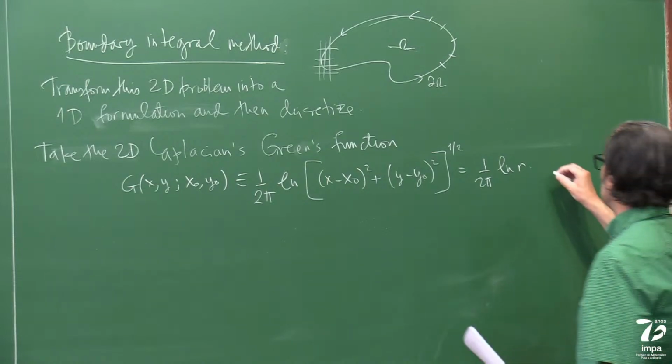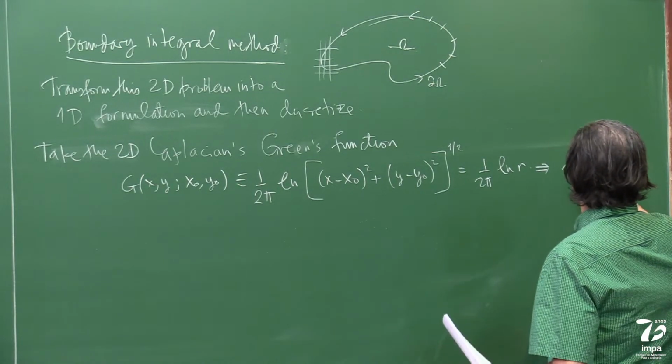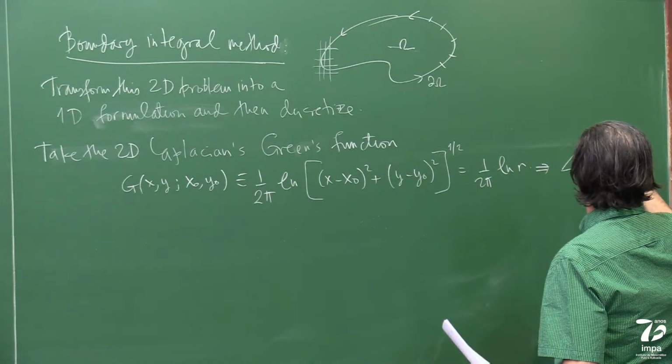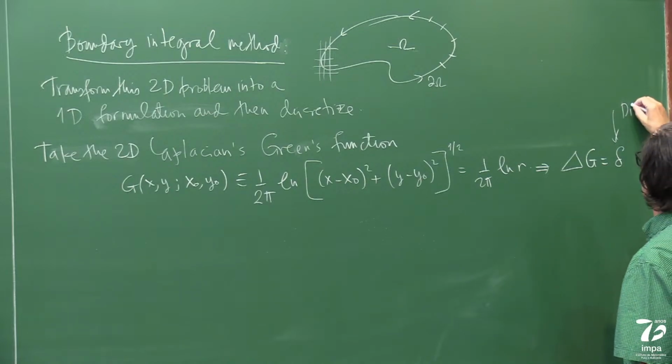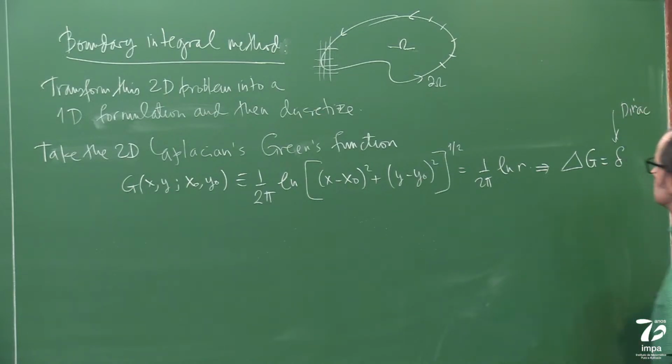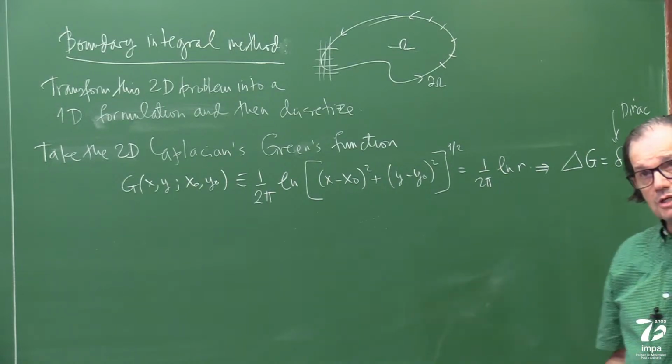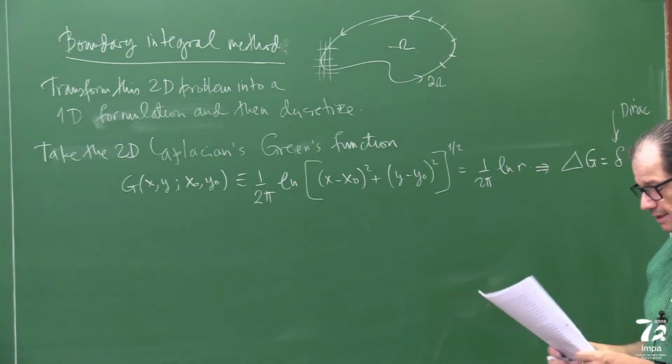And this means that using the notation, this generalized function that satisfies Laplacian G equal to the Dirac delta. Okay? Then we do integration by parts, and we get Green's identity.